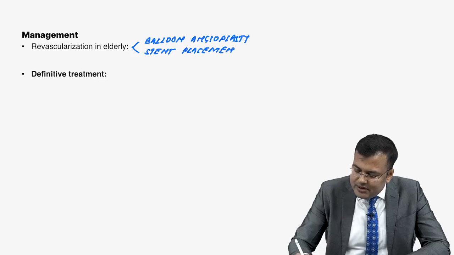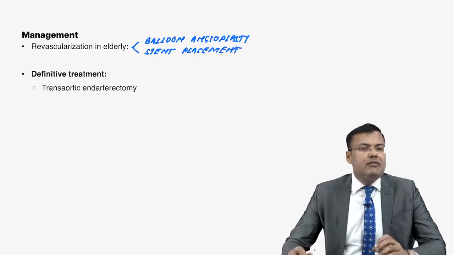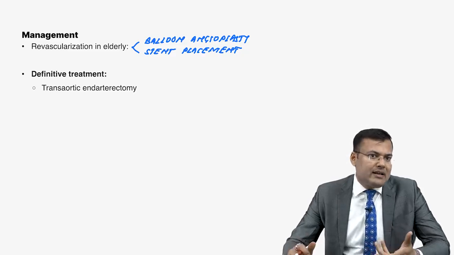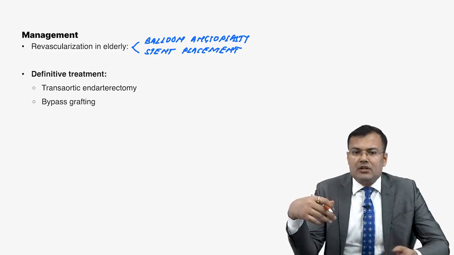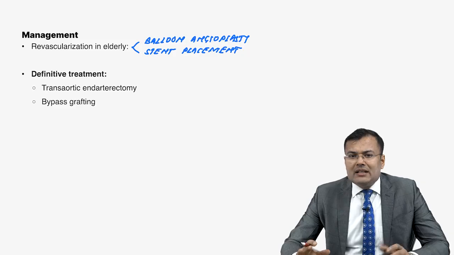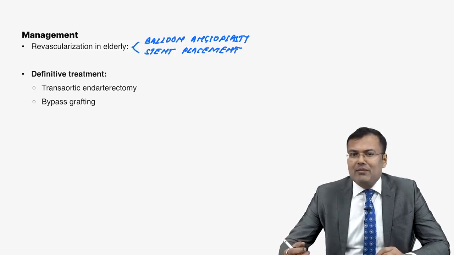What is the definitive treatment? Obviously, in definitive treatment, we go for transaortic endarterectomy because there is occlusion, or we can go for bypass grafting if there is occlusion. So definitive treatment, transaortic endarterectomy or bypass grafting in chronic mesenteric ischemia.